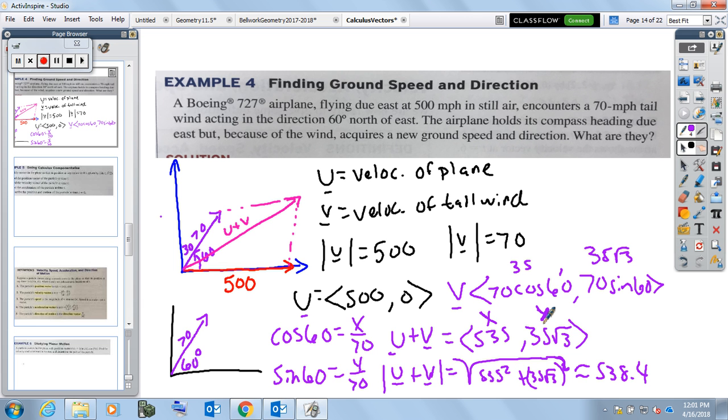Well, x and y, that's just opposite over adjacent, or tangent. And so we can take the tangent inverse of y over x. Remember, tangent is y over x. 35 root 3 over 535, and we end up seeing that the tangent inverse gives us a new direction of 6.5 degrees. All right, and that is going to wrap up this example, ladies and gentlemen. And we're on to the next one.